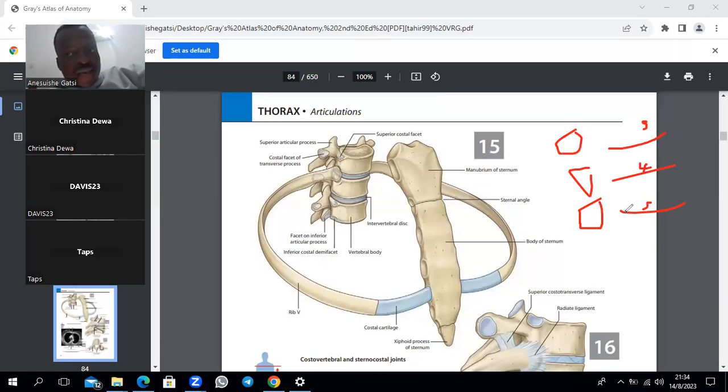So rib number 5 articulates with T5, right? It also articulates with T4 above it. Then rib number 4 will articulate with T4. Then it articulates with T3 above it. T3 will articulate with rib number 3. Then rib number 3 will also articulate with the vertebra above. So in that way, you can already tell that a typical thoracic vertebra should have two facets on its body.